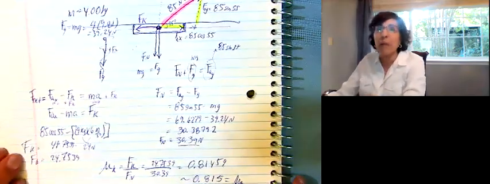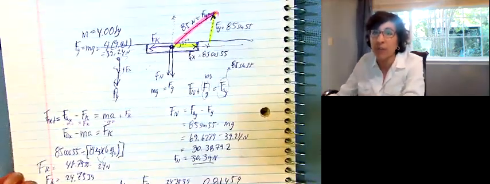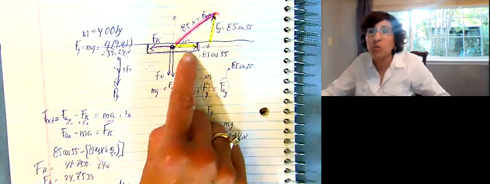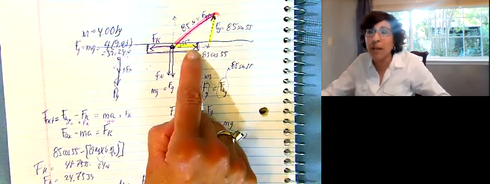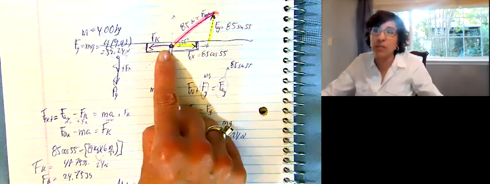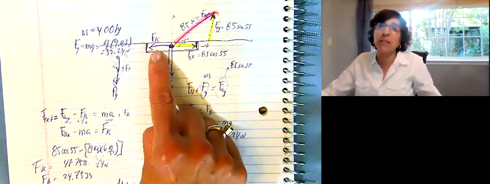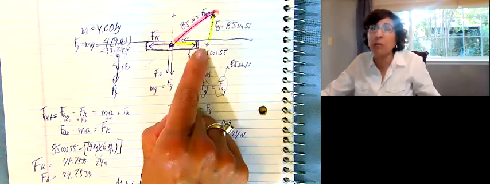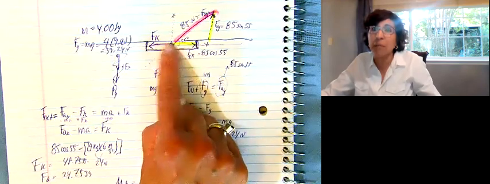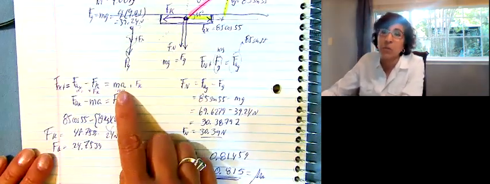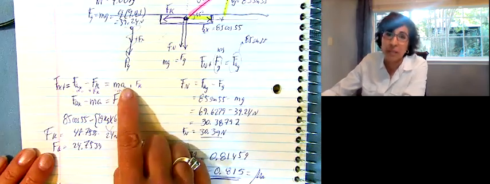Then I looked at my x component vectors. And so I only had the 85 cosine going to the right. And then who's opposing it? The frictional force. In this case, the kinetic friction, because it's moving. If it weren't moving, then it would be the static friction, and it'd be equal to this guy right here. But it is moving. And because it's moving, I have a net force also equal to the mass times the acceleration.